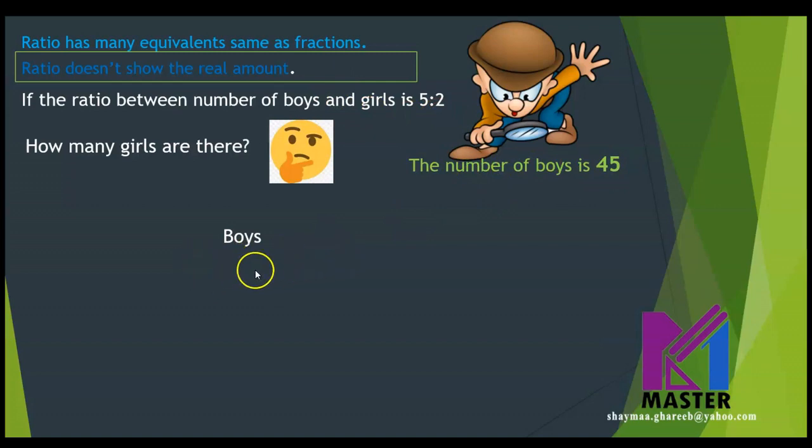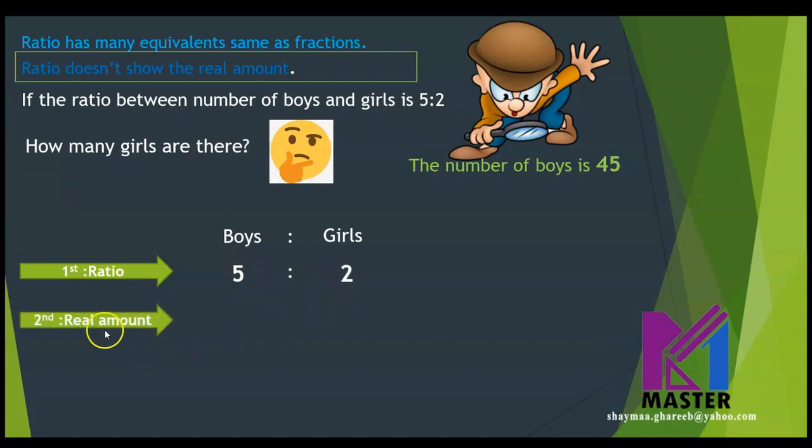First, I will write the names in the ratio, which is boys to girls. I will write the ratio, which is 5 to 2. Then I will write the real amount that is given in the question, which is the actual number of boys, which is 45 boys. So I will write the 45 exactly under the boys. Now I want to find how many girls are there.